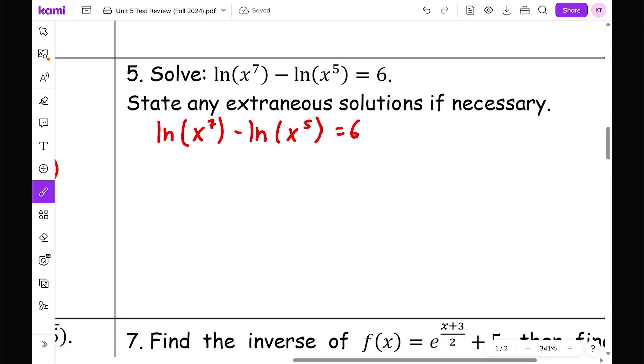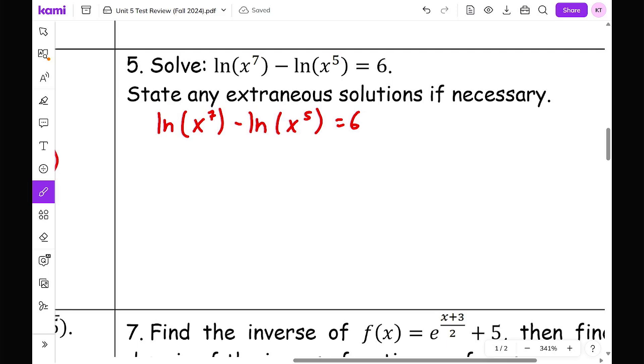The first thing I'm going to do is apply my quotient rule because I have two logs with the same bases subtracted from each other. So that's the same thing as the natural log of x to the power of 7 divided by x to the power of 5 equals 6, which is just the natural log of x to the power of 2 is equal to 6.